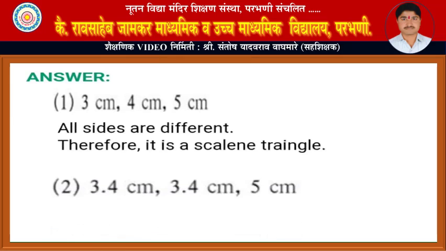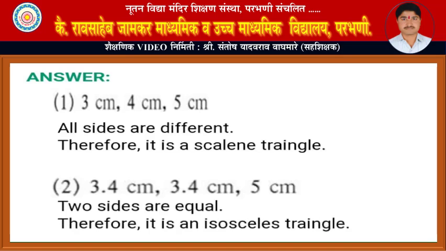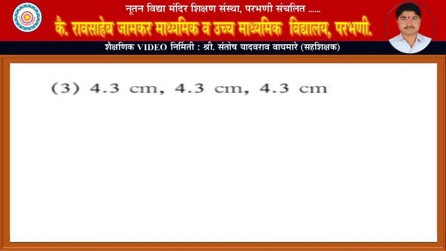Second question, 3.4 cm, 3.4 cm and 5 cm. It is an isosceles triangle. Why can we say that? Because two sides are equal, therefore it is an isosceles triangle. Third question, 4.3 cm, 4.3 cm and again 4.3 cm.